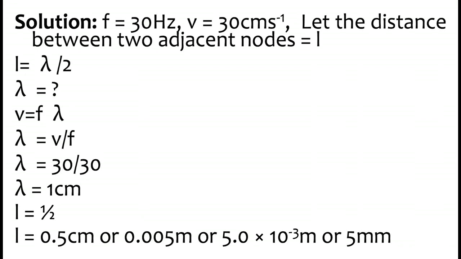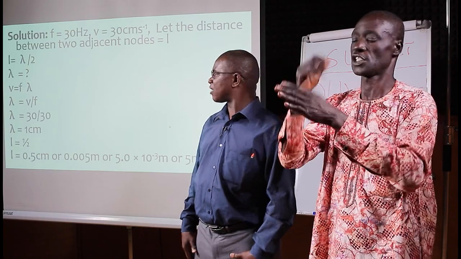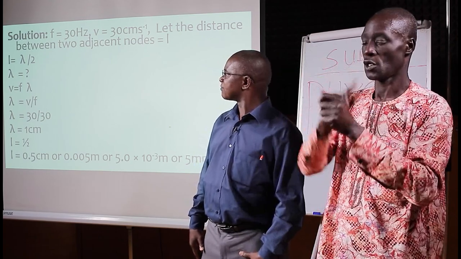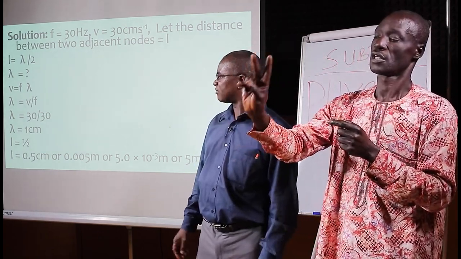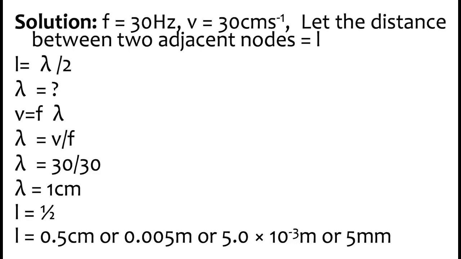So from V equals F lambda, the basic formula in waves, making lambda the subject, it will be equal to V over F. Our V, the wave speed, is 30 centimeters per second divided by frequency 30. When it happens, you have lambda is 1 cm.